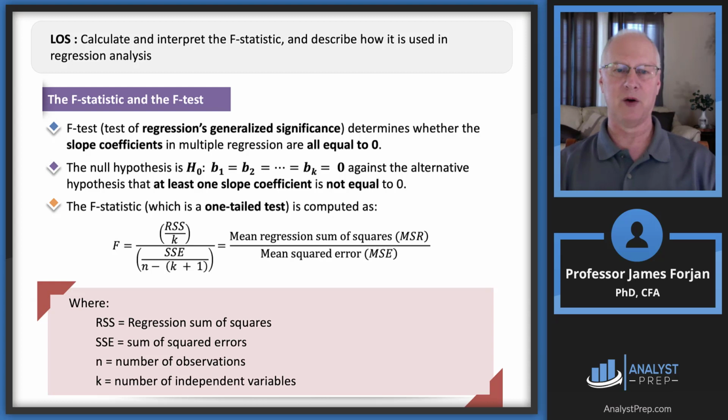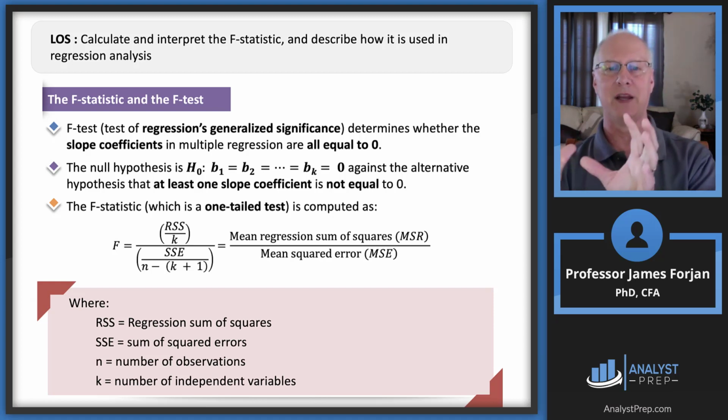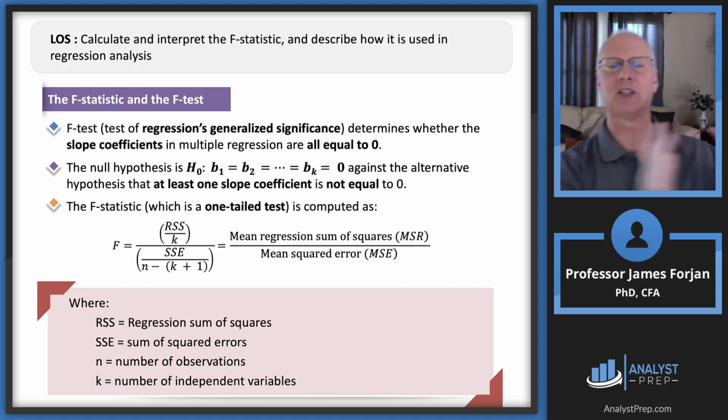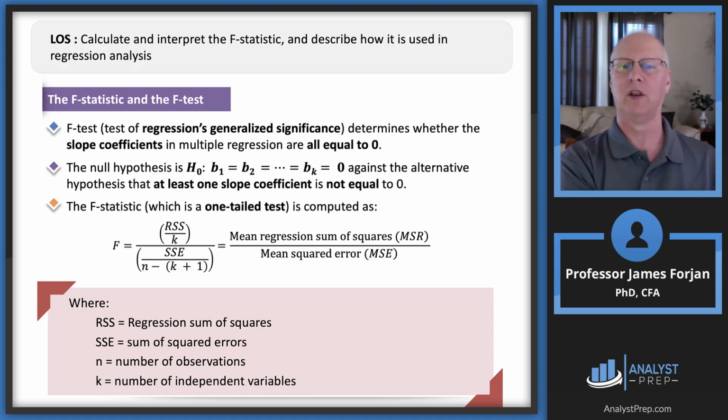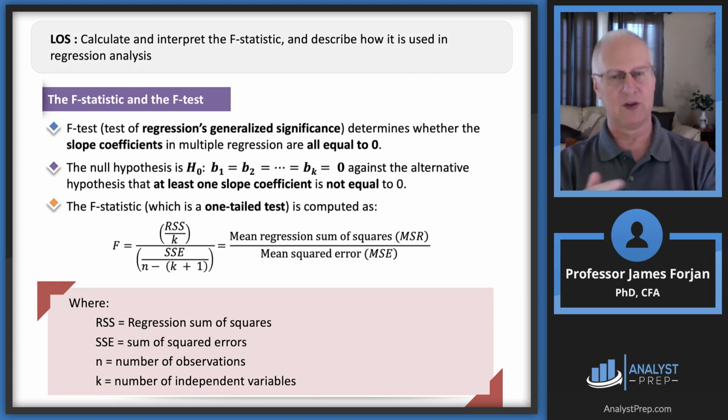And this is going to be a one-tailed test, and this is super important. It's a one-tailed test because what we're essentially trying to do is ask the question, do all of the independent variables explain what's going on on the left-hand side of the equal sign with that dependent variable? One of the ways that we do this is by computing an R squared.